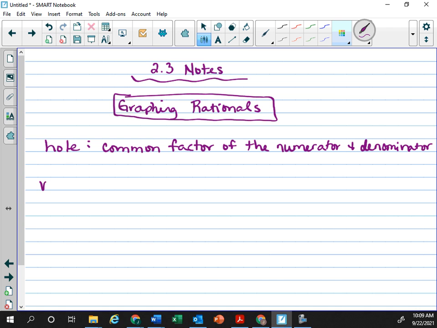All right, then we have vertical asymptotes. You find this by setting the denominator equal to 0.